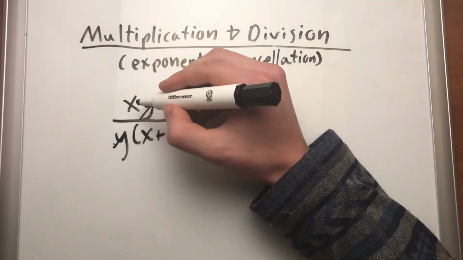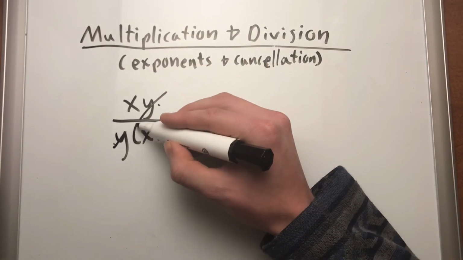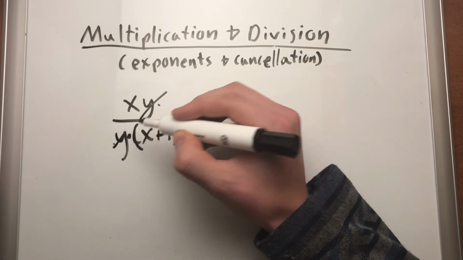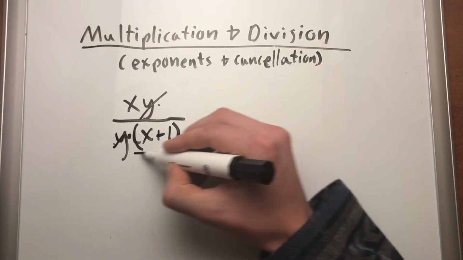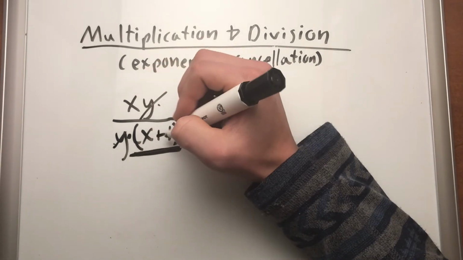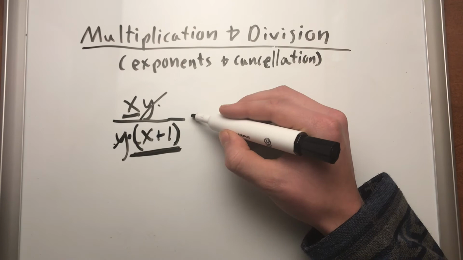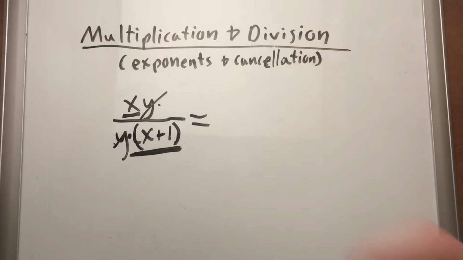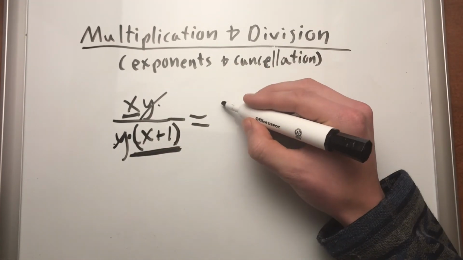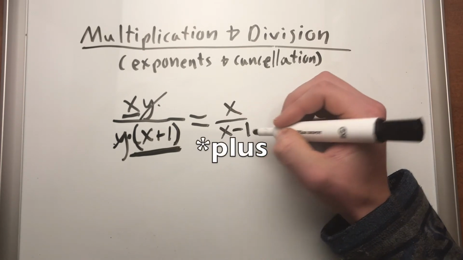However, we cannot cancel out these two x's. Remember, if you have something in a parentheses being multiplied by something else, this acts as its own thing, and x plus 1 is not equal to x. Therefore, the only things that cancel are these two y's, and we get our answer of x over x plus 1.